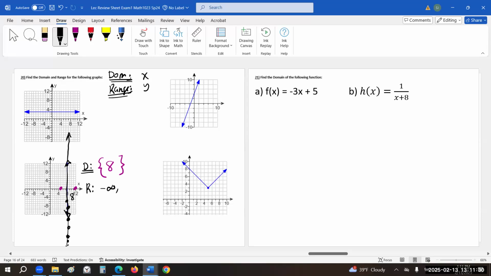Similarly, the line is going on forever upward. So we have a y here, here, here, here, here. So y is different. So positive infinity. And infinity always gets what? Which ending? Parenthesis, not bracket, parenthesis.